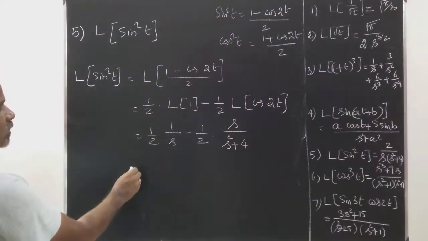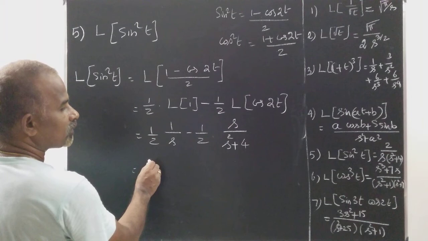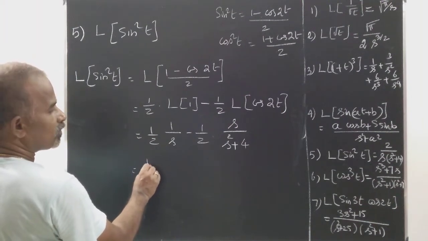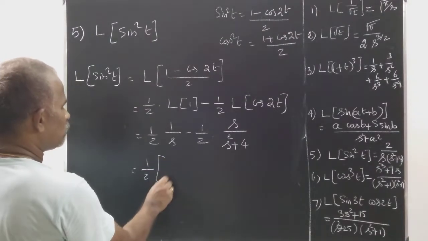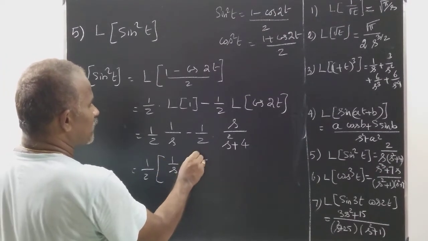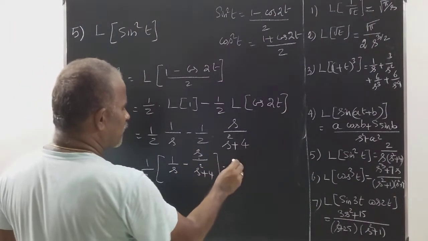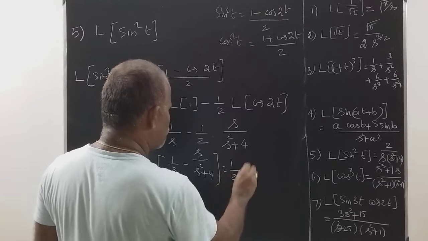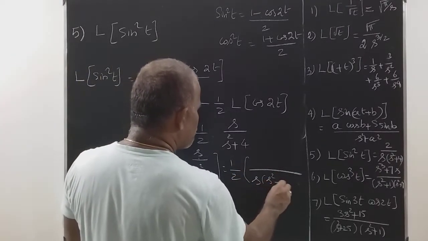So therefore this is equal to, you take LCM. You have to take out 1 by 2. So 1 by s minus s divided by s square plus 4. Again I can take 1 by 2 into, what is LCM? S into s square plus 4.